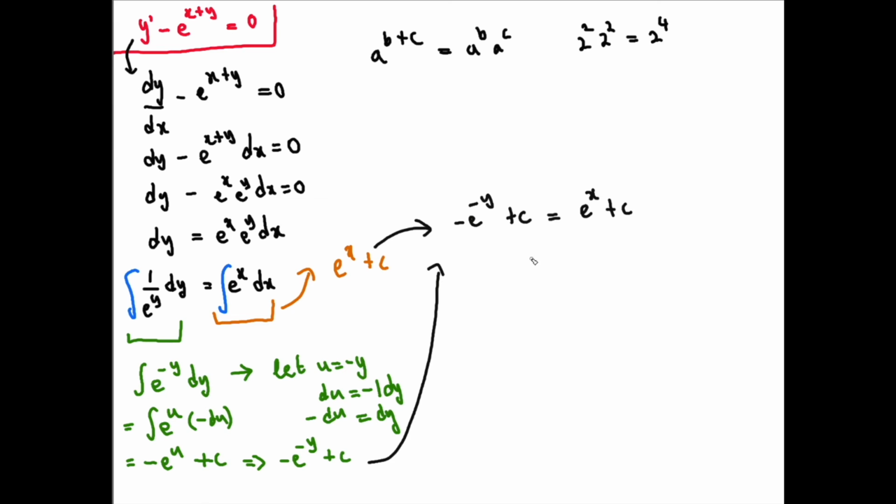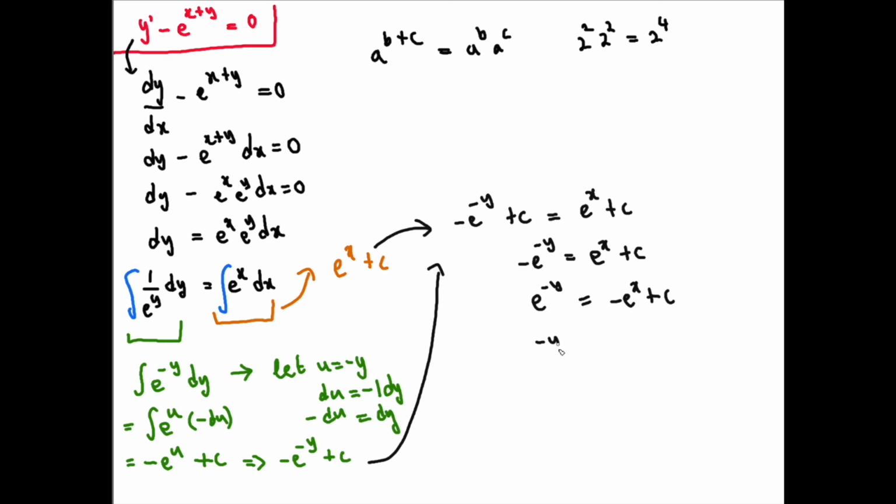So this is just going to be minus e to the minus y equals e to the x plus c. Now let's multiply this whole thing by a negative sign. So we get e to the minus y equals minus e to the x plus c. Remember, this is an arbitrary constant, so it doesn't matter if it's plus c or minus c. Now we can take the log of both sides.